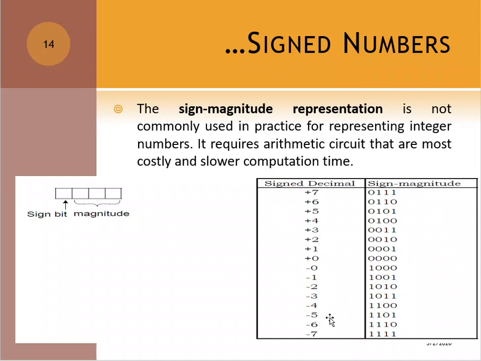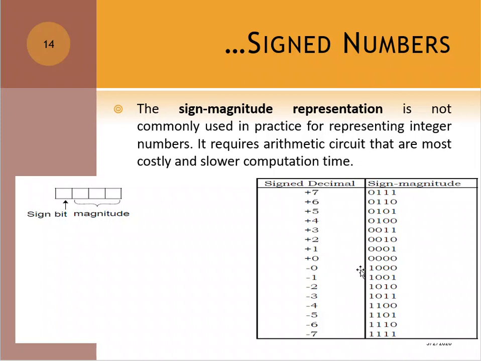For example, we want to represent a number with length 4 bits. Only 3 bits will represent the value and the leftmost will be used as the sign bit. For example, you have positive 0 until positive 7.